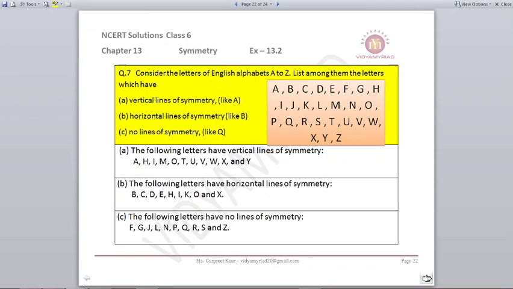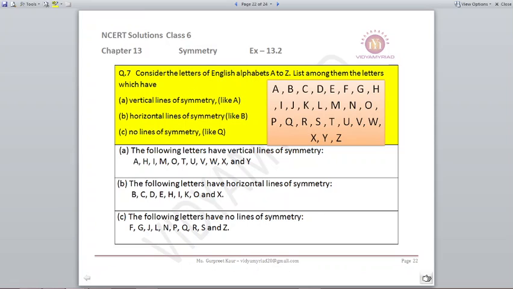Question number 7. Consider the letters of the English alphabet A to Z. List among the letters which have vertical lines of symmetry like A, horizontal lines of symmetry like B, and no lines of symmetry, that is Q. Now we have so many letters with us.